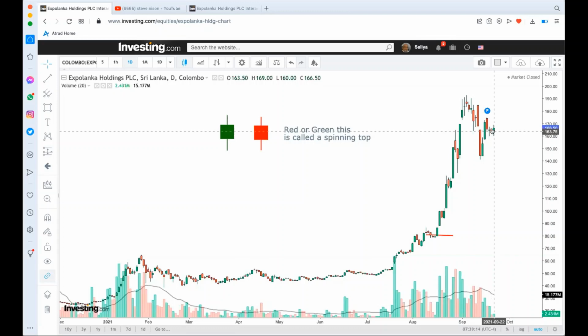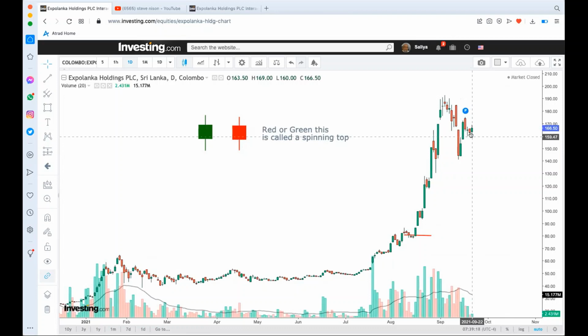In that, this is an indecisive candle, but at the same time, what it means is that the previous day, which is yesterday, it came down to a low of 162, right? But the next day, that is today, it came to a low of 160. Yesterday's high was 166. Today's high is 169.